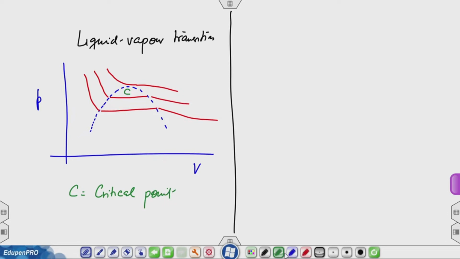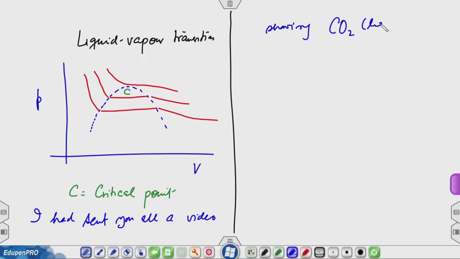And I had sent you a video showing CO2 liquid being heated up at constant volume.